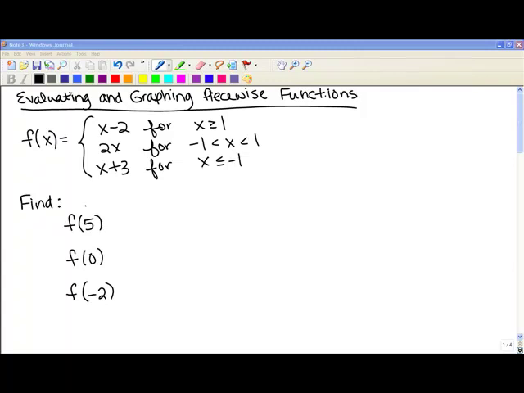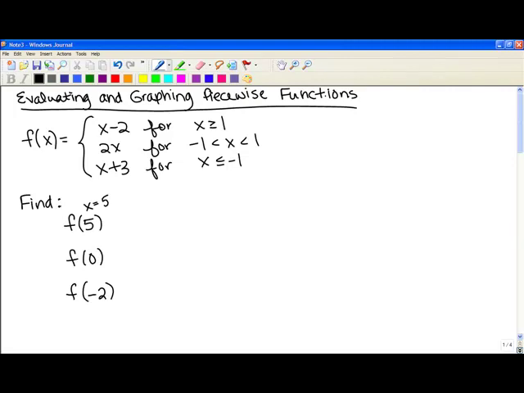Okay, so this means that the x value equals 5. And we've got to decide which piece we have to use. So we go up here and take a look at each one. If x is 5, then is 5 greater than or equal to 1? Well, yes it is.